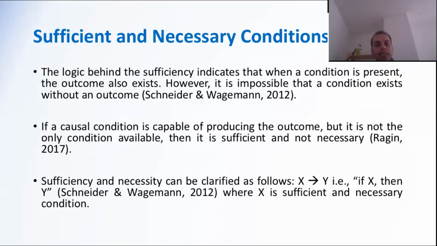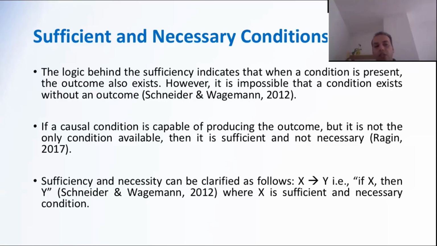Okay, sufficient and necessary conditions are the next steps in fuzzy set QCA. The logic behind sufficiency indicates that when a condition is present, the outcome also exists. However, it is impossible that a condition exists without an outcome. So this means sufficiency in fsQCA.